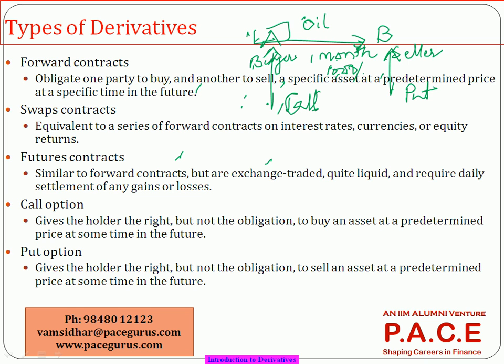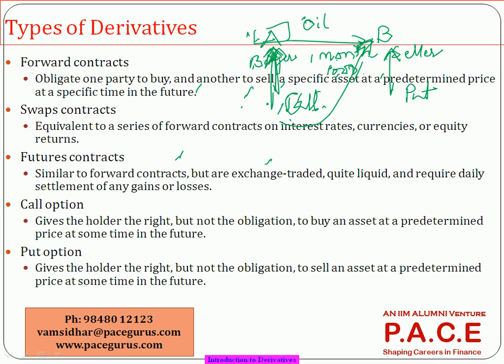Now, let's say this person has taken an option. What he has to do when he is saying I'll take an option, he will have to pay some premium to this person today itself. Though the deal will happen after 1 month, this party has to pay some premium just to exercise that option.